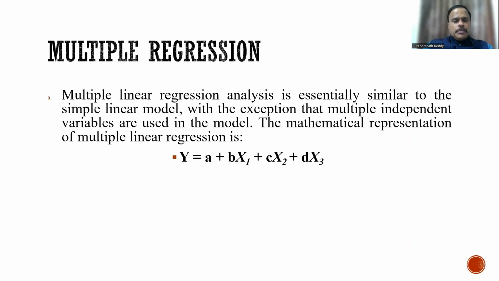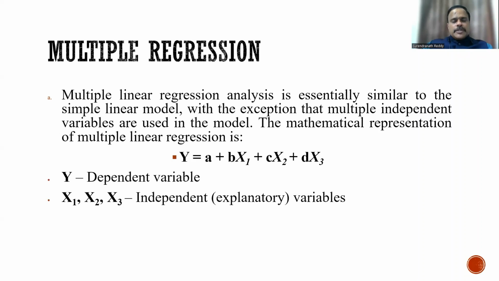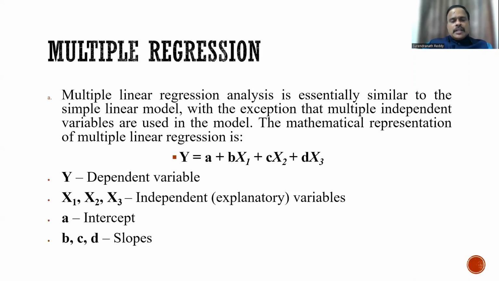There will be multiple independent variables. So it is expressed in the equation y = a + bx1 + cx2 + dx3. These are the components we have: y is the dependent variable, x1, x2, x3 are independent variables, a is the intercept, and b, c, d are slopes.